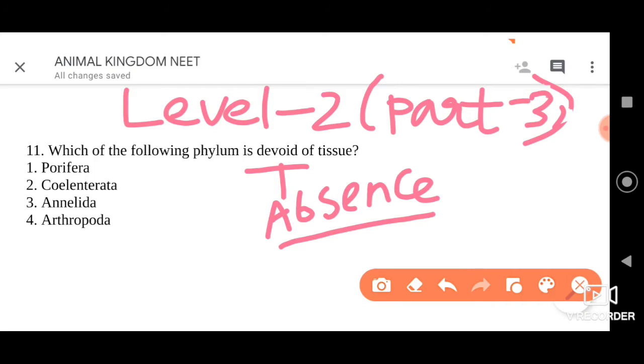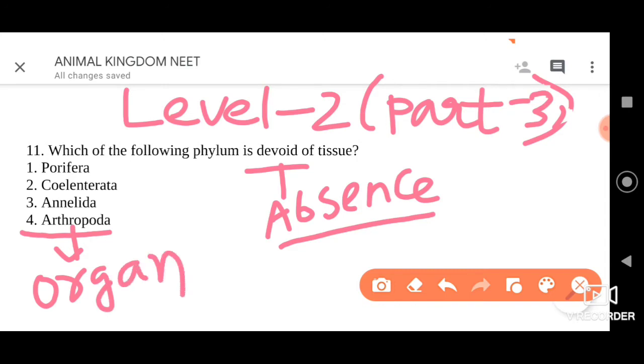Okay, let us understand all the phylums. Let us come from the fourth option. Firstly, we have Arthropoda. These organisms are invertebrate organisms, and these arthropods have organ level of organization.